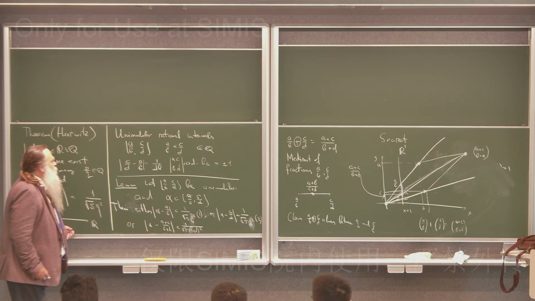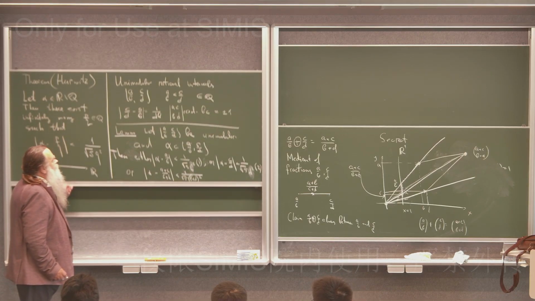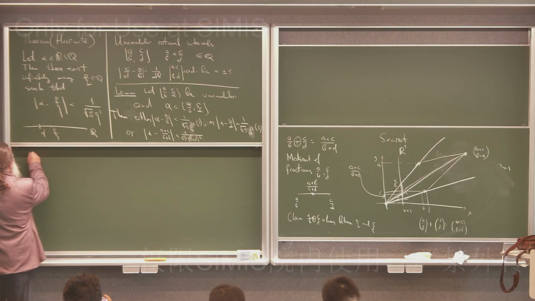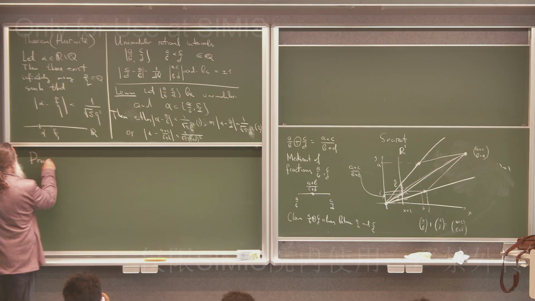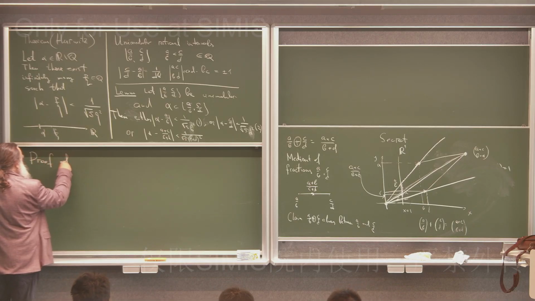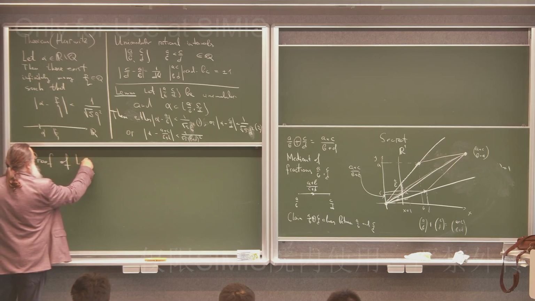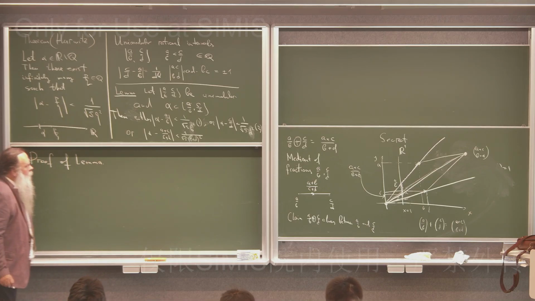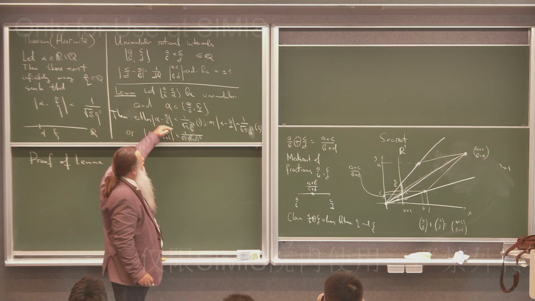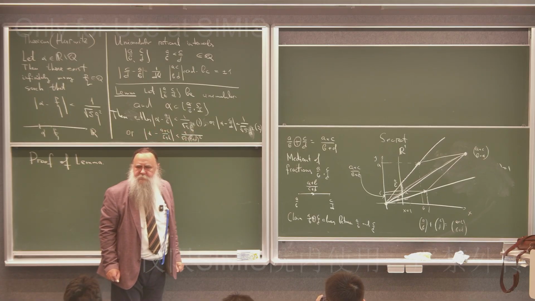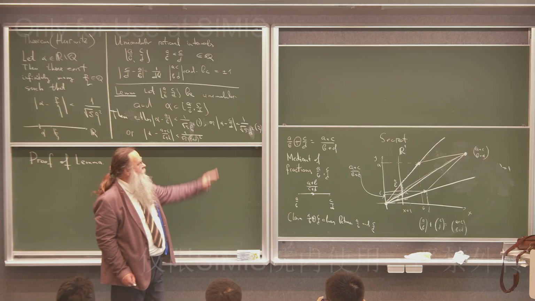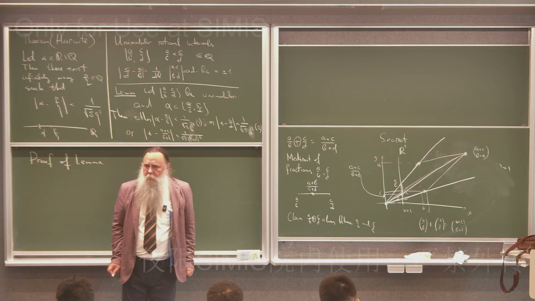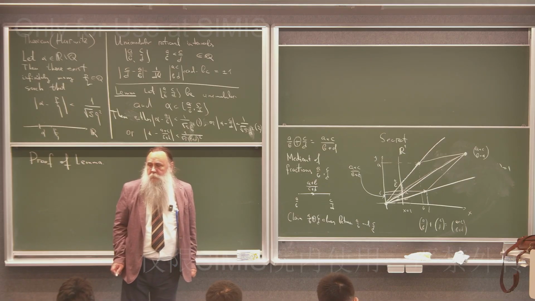So, proof of the lemma. This inequality we call inequality number 1. The next inequality we call inequality number 2. And the last inequality we call number 3.